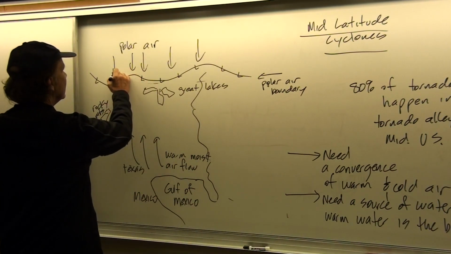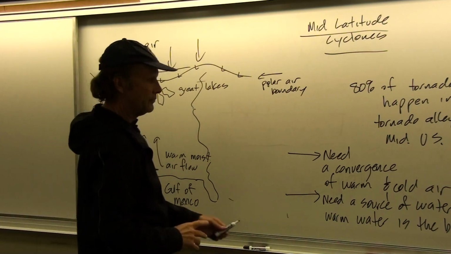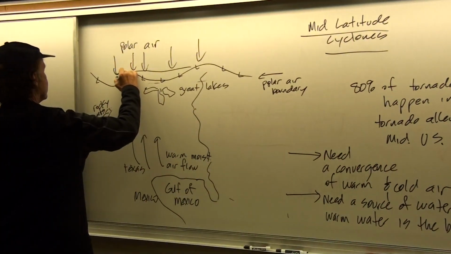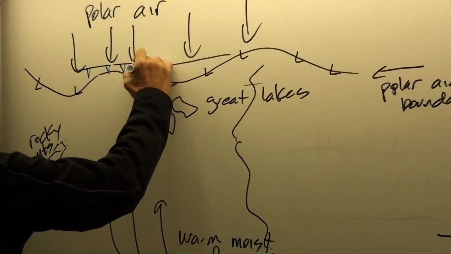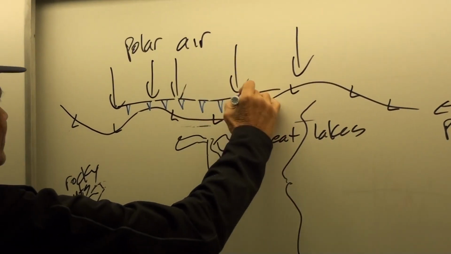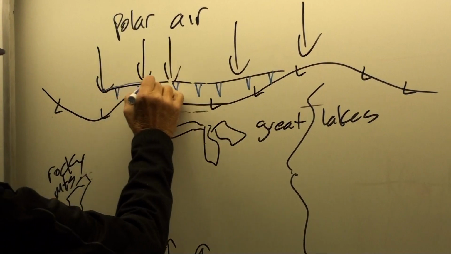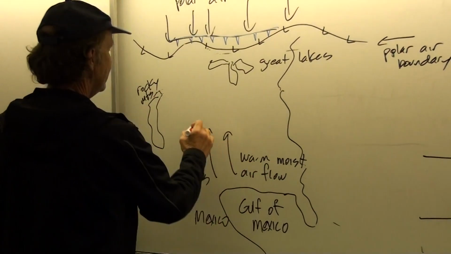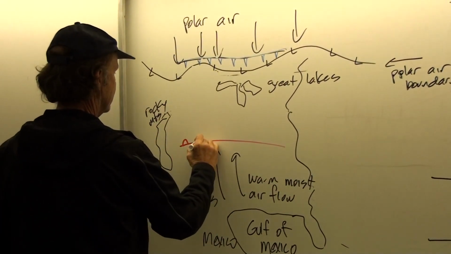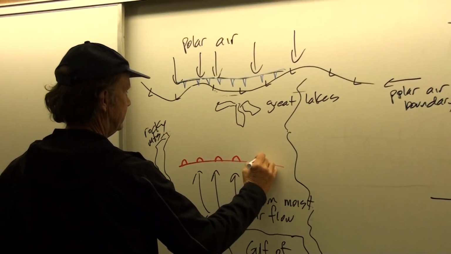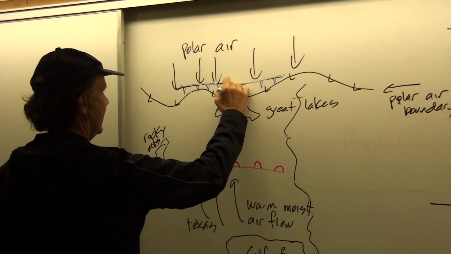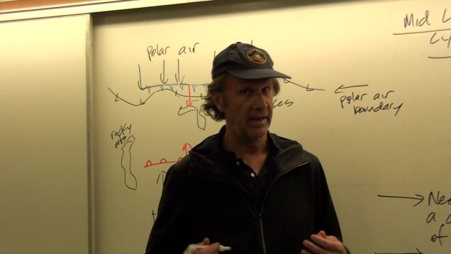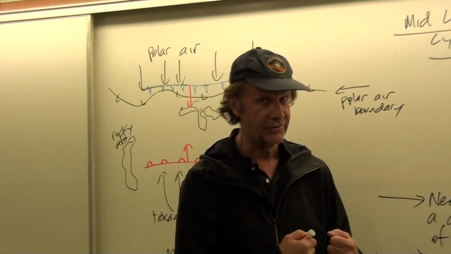So what you tend to get here in this polar air are cold fronts, which look like this, with the kind of jaggly looking teeth associated with it. So these cold fronts are going to be moving down from the north, and down here in these moisture regions, you're going to tend to get warm fronts moving up this way. And so these cold fronts and these warm fronts are in a head-on collision with each other in tornado alley.